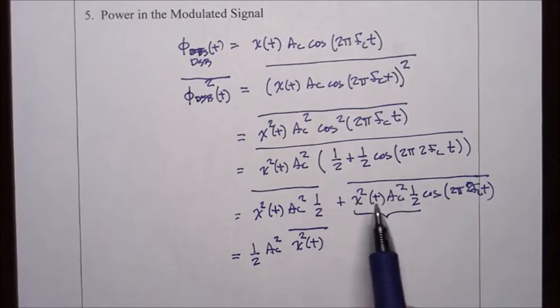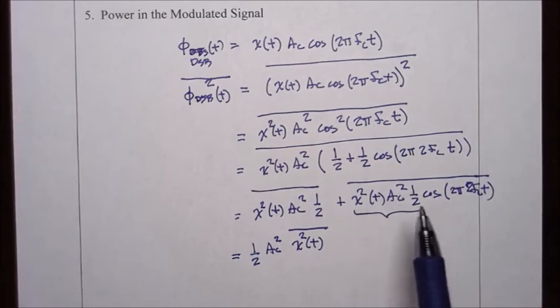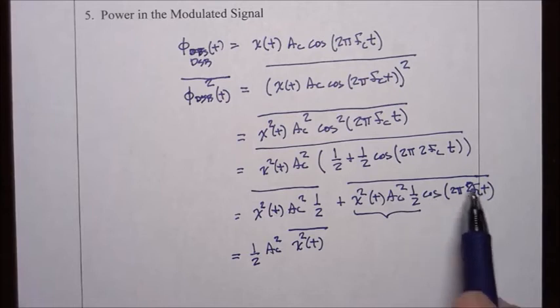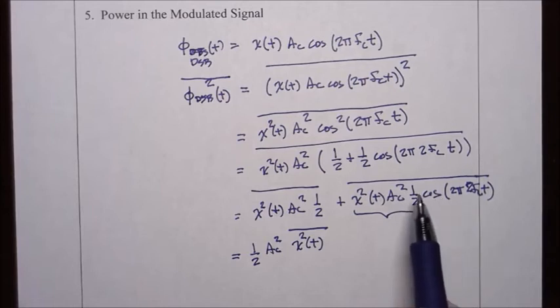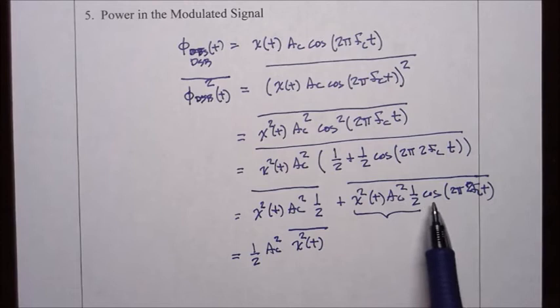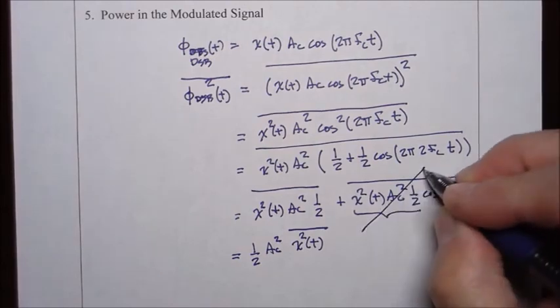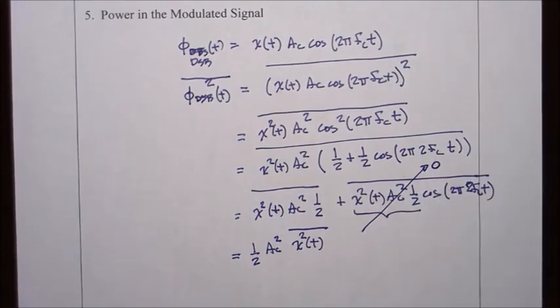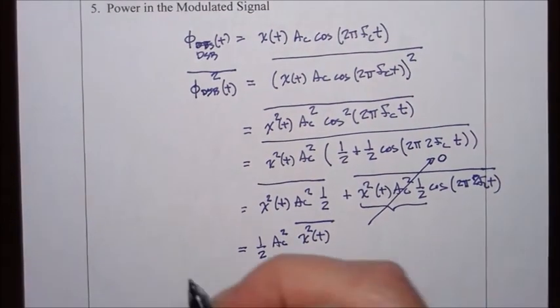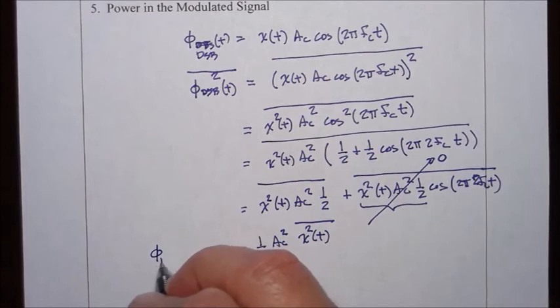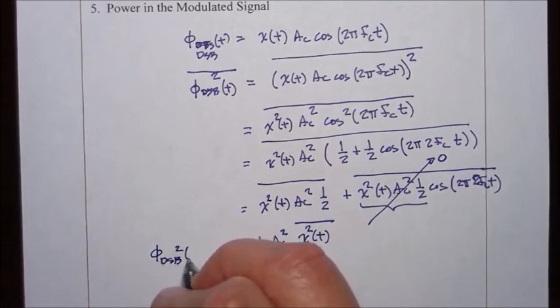These are all positive numbers, so it is time varying, but this is nothing but an amplitude modulated cosine centered at twice the original carrier frequency, and it's going to have a time average of 0. So that second term time averages to 0, and we're left with the power in the double sideband signal.